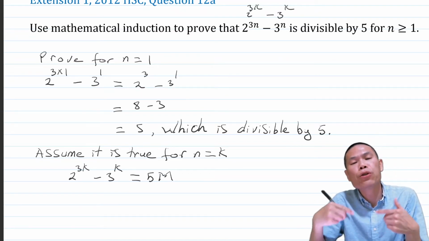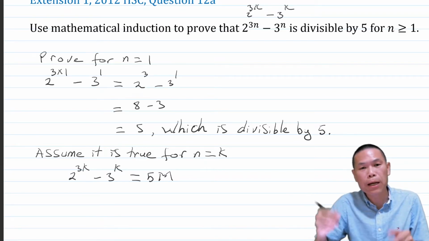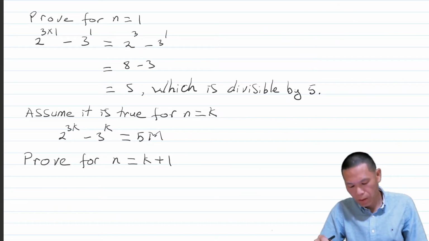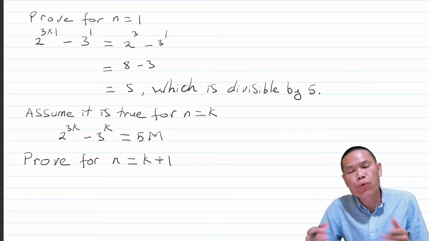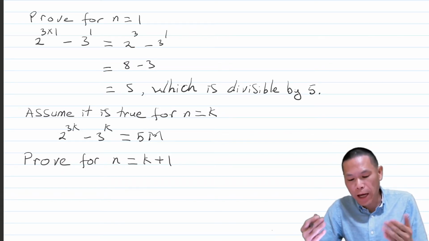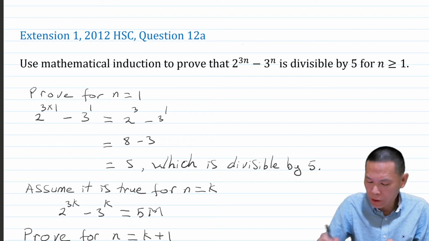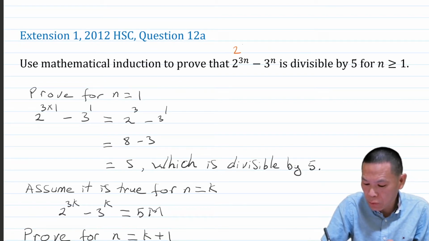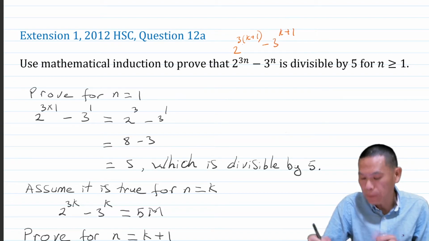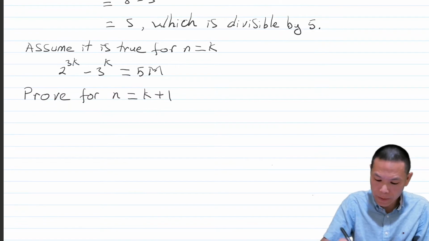And then we need to prove for n equal k plus 1. So now we just need to replace n with k plus 1. So this becomes 2 to the power 3k plus 1 minus 3 to the power k plus 1. Okay, so just write this down here.